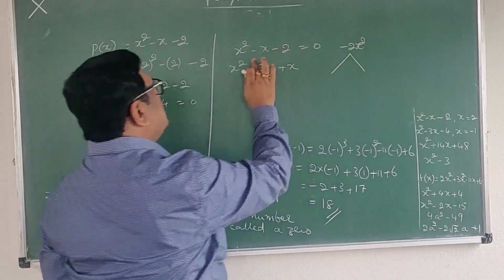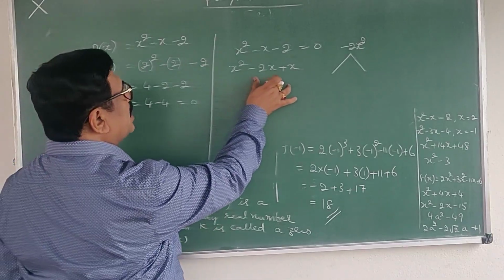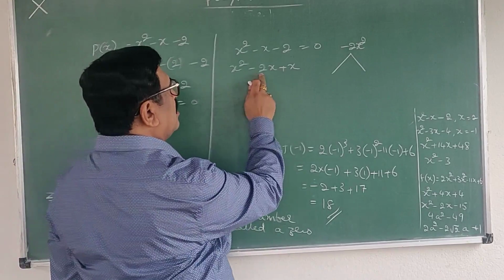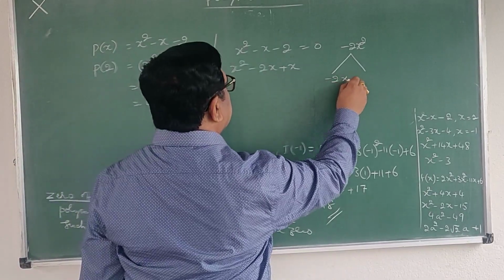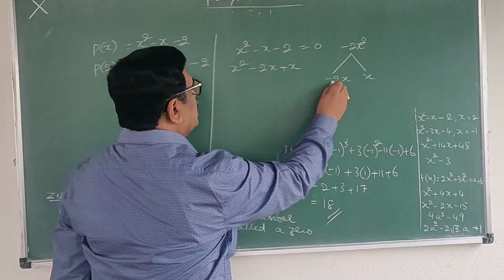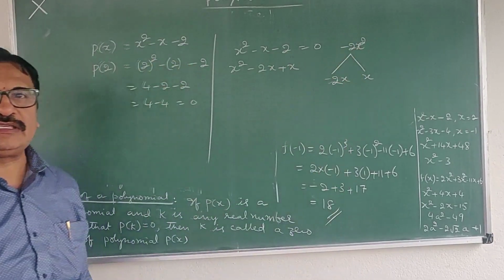You need to split the middle term into two parts in such a way that the product of the two parts becomes equal to minus 2x squared. So accordingly it is minus 2x plus x. Minus 2x plus x gives you minus x. If I multiply these two, I should be getting minus 2x squared.